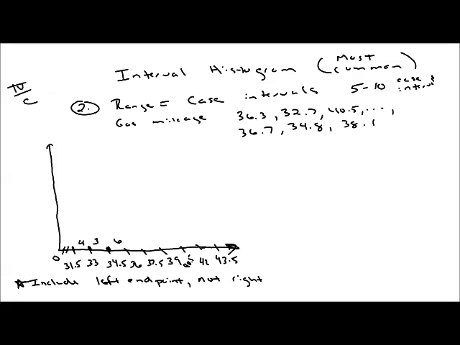And we have 6 of them. Between 36, including 36, and 37.5, but not including 37.5, 17. Between 37.5, including, and 39, not including, 7. Between 39, including, 40.5, not including, 8. And then we'll have 5 here and 1 here.